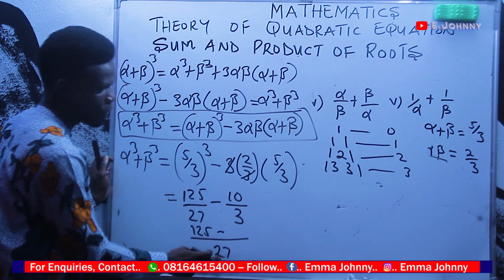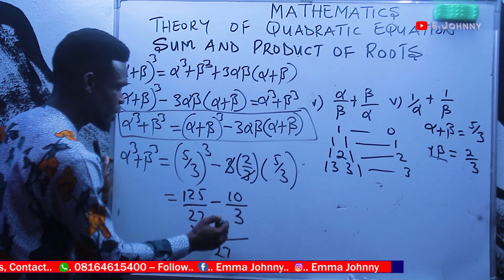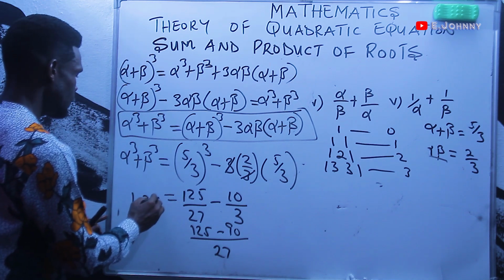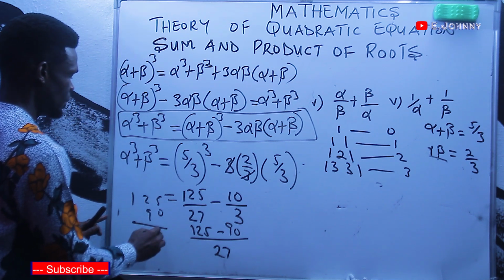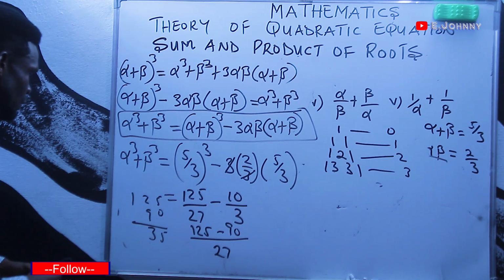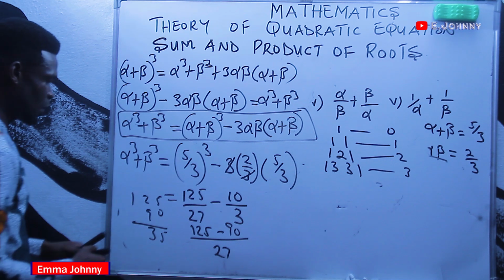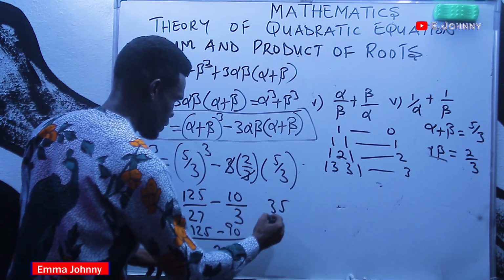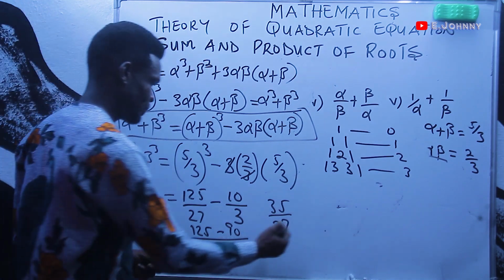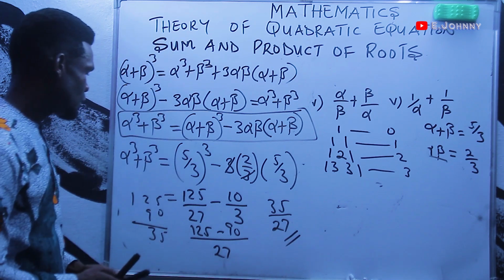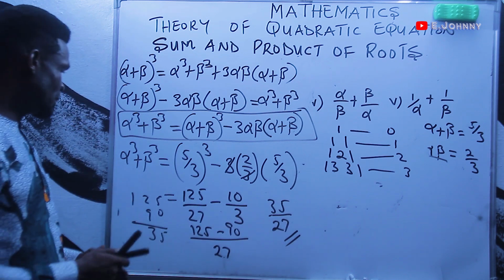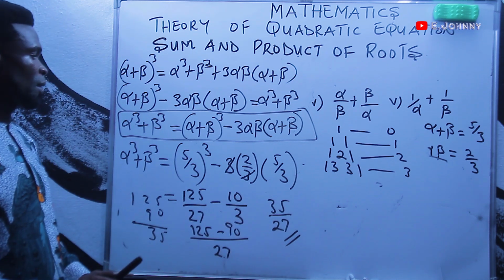Minus, 3 goes into 27 9 times, 9 times 10 is 90. So you have 125 minus 90, that is 35. So you have 35 over 27, which we can leave there.